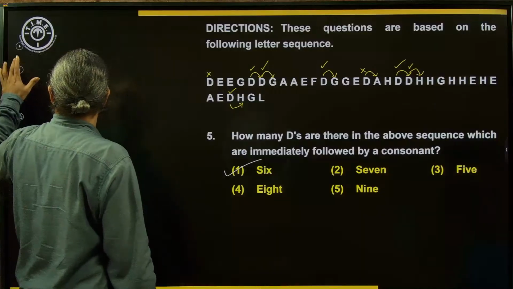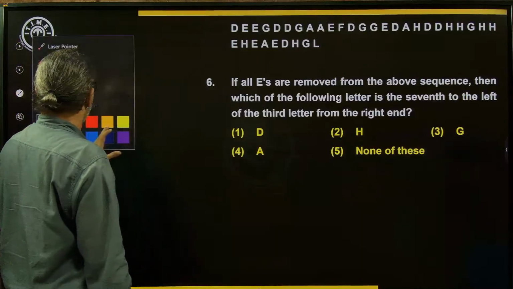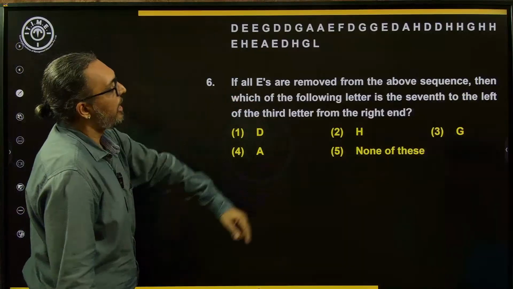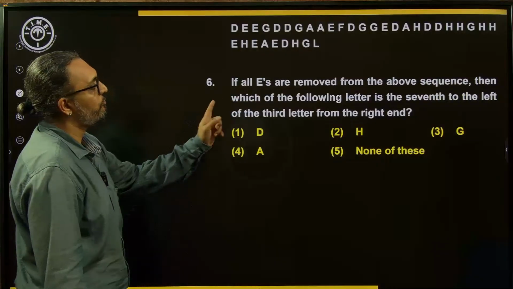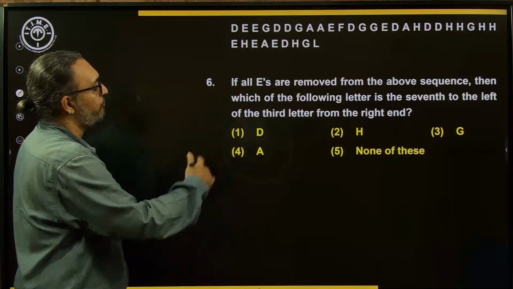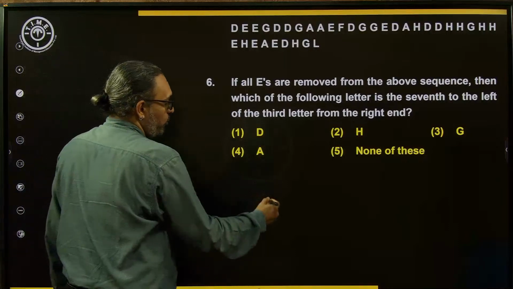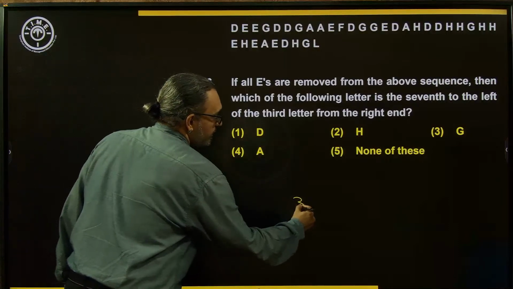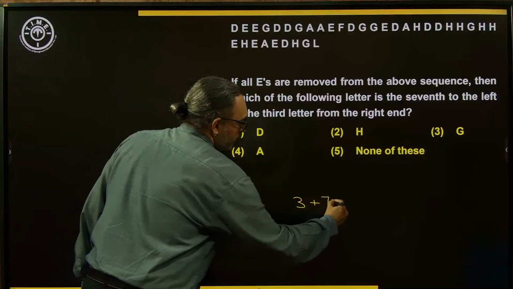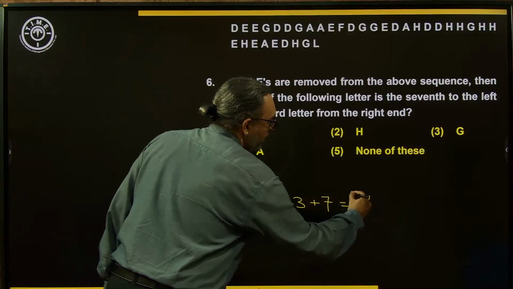Okay. Then, if all E's are removed from the above sequence, which of the following letters is 7th to the left of the 3rd letter from the right end? So we know this is 3 plus 7. That means in total I need to find the 10th letter from the right end.